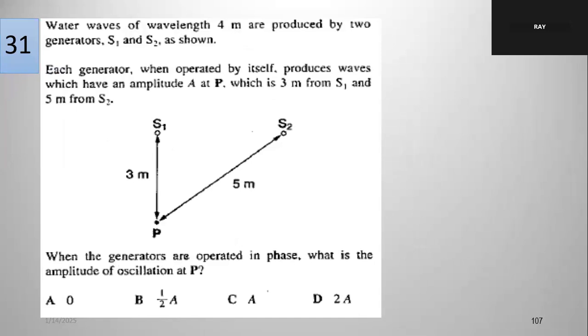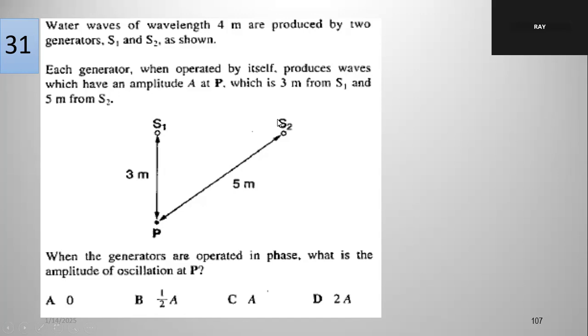Okay, what's the answer for this one? Water waves of wavelength 4 meters are produced by two generators S1 and S2.